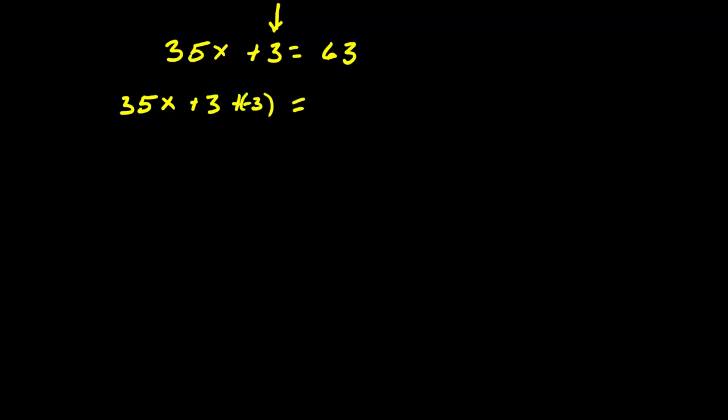And since we added a negative 3 on the left-hand side of the equation, we have to do the same thing on the right-hand side. It's going to be 63 subtract 3. The additive inverse says that's a 0. And now I have 35x equals 63 subtract 3 is 60.